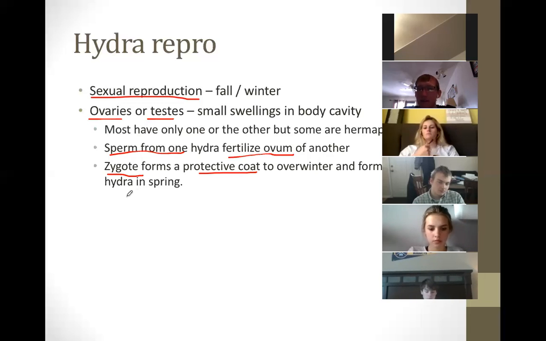And then in the spring, it germinates into a brand new, genetically unique baby hydra, grows up with its little tentacles in the water, and starts to try to catch its food, and buds off, makes lots of babies, goes through sexual reproduction in the fall, dies, and round and round and round she goes. Kind of makes sense? Kind of weird, right? It's a weird life the hydra leads, but there you have it.